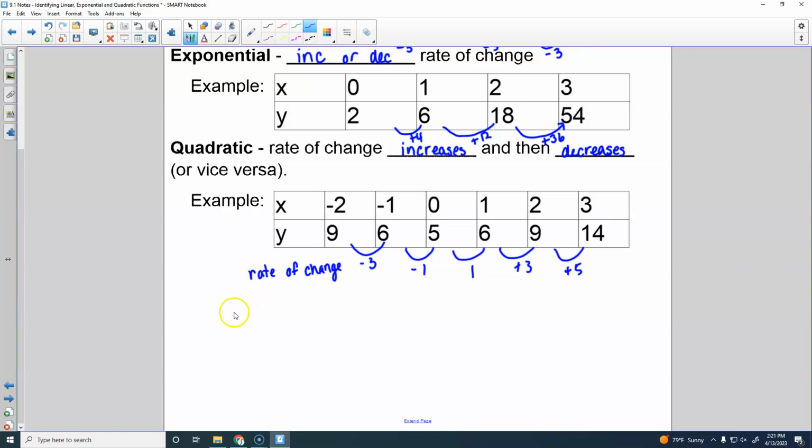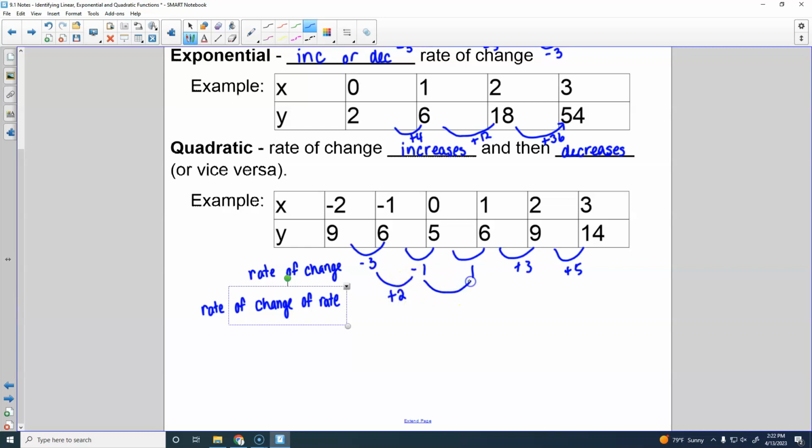If something is quadratic, the rate of change of the rate of change. If you do this a second time, so if you look at the difference here, and then you do it a second time, from -3 to -1, how much do I go up? 2.